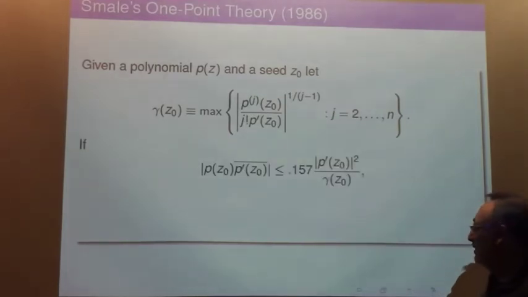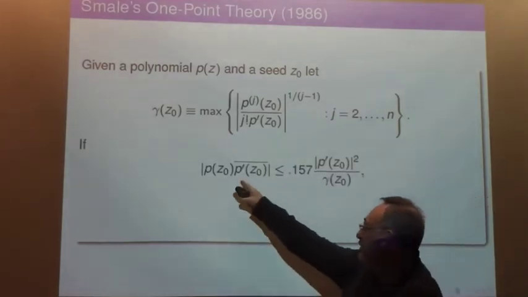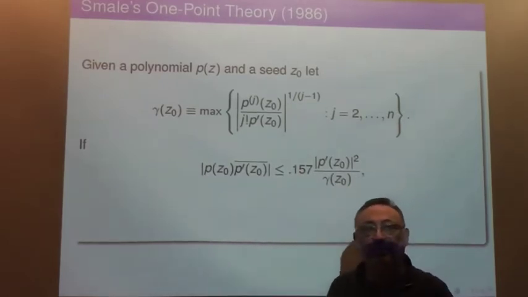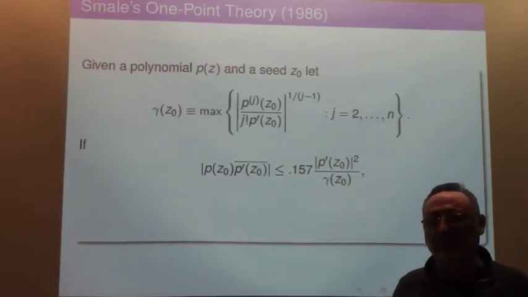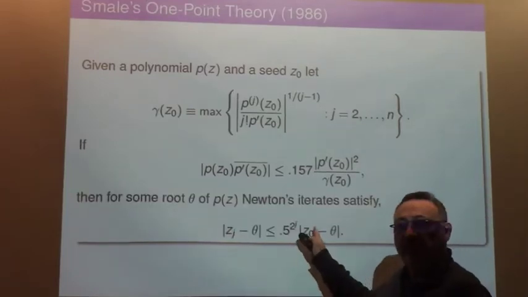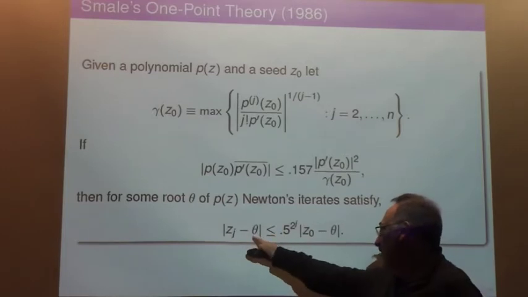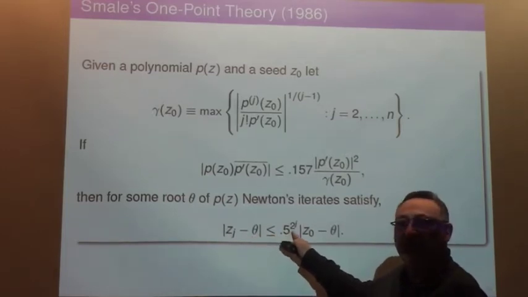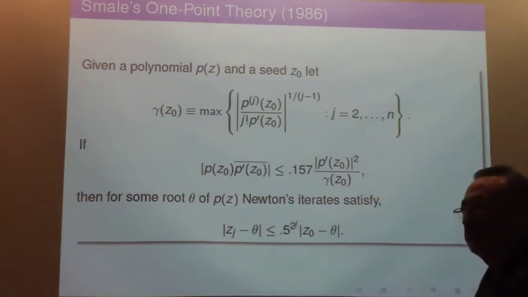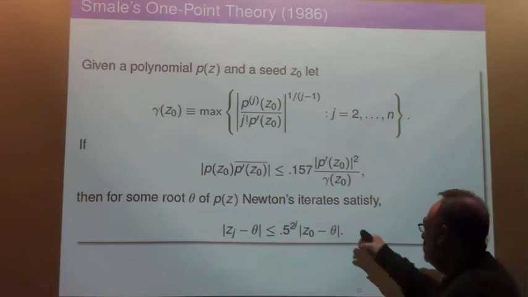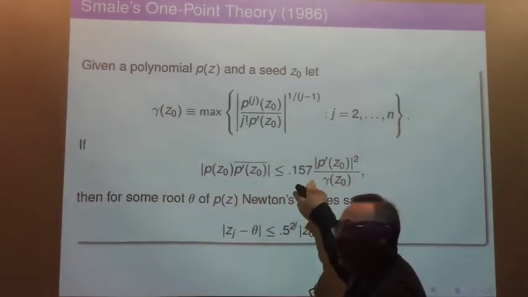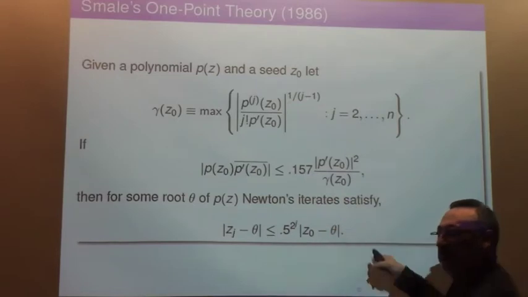And you look at this, and if this number is less than or equal to this quantity, then we are within the quadratic region of convergence, in the sense that if you start iterating, in j iterations, you get within 0.52 to the j. So it's quadratically converging to some root. It's normally not written like this, Smale's condition, but I'm writing it because it's more convenient for what I'm going to present.